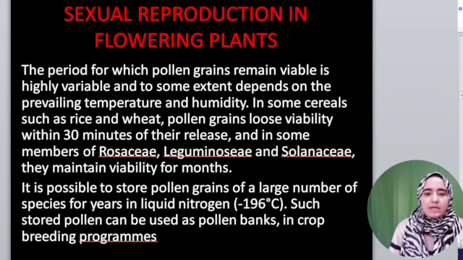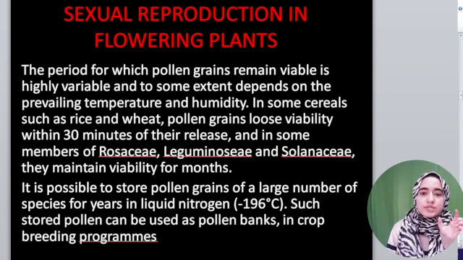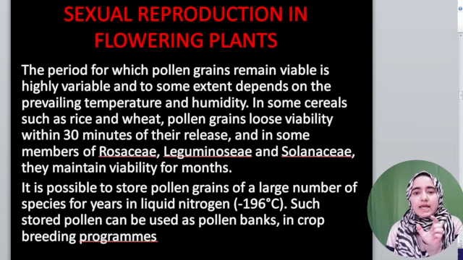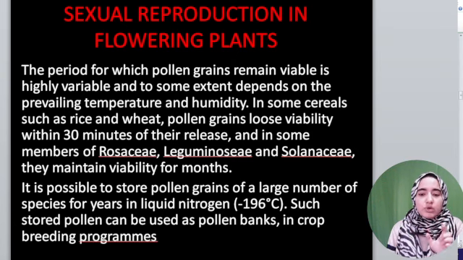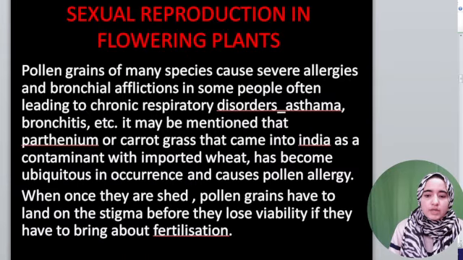Okay. And if we talk about can we store pollen grains? Yes. Likewise, we store seeds, we store semen, we store blood in blood banks. We can store pollen grains. But how can we store pollen grains?